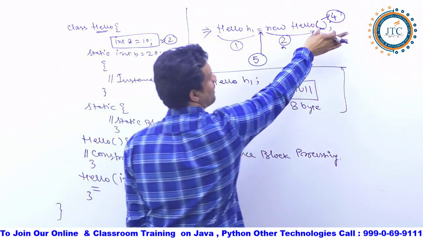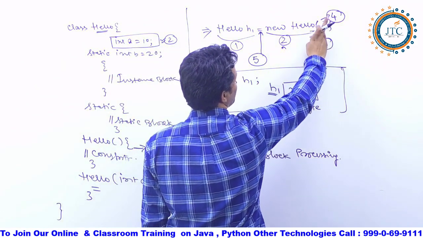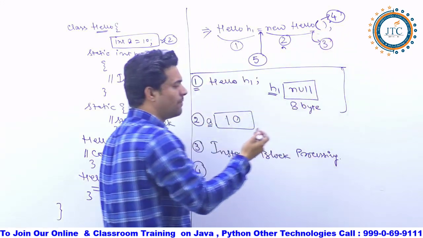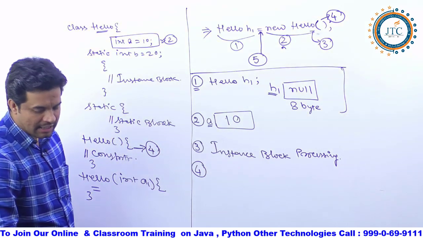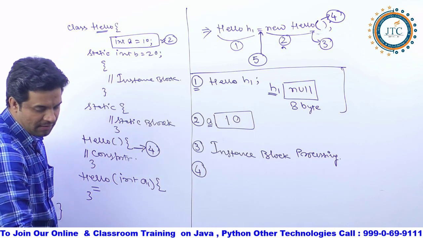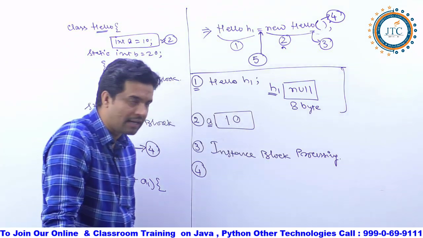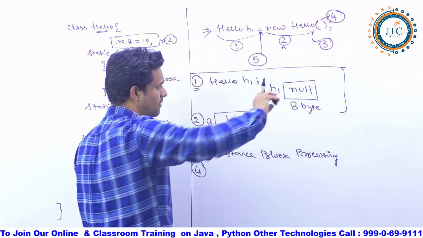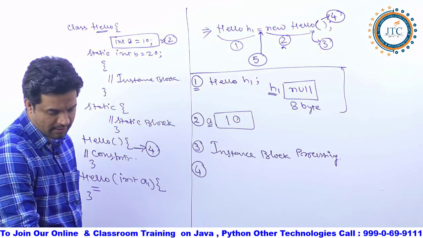Because you have not passed anything over here. You have not given any value over here. If you provide any value, any parameter, then in that case the corresponding constructor is going to be processed. If you haven't provided any value, then it is not going to process that corresponding constructor of a class. Well, I hope you are getting it, right?